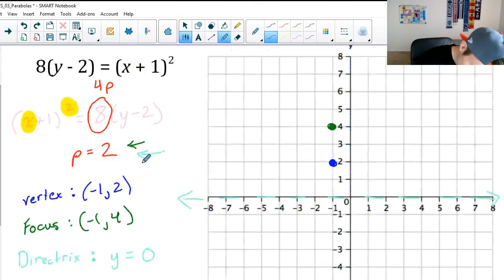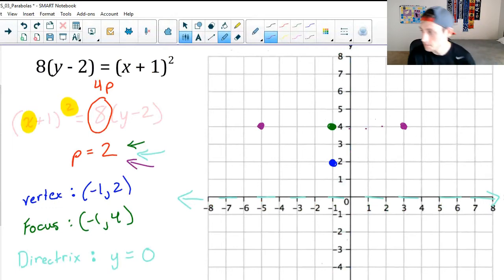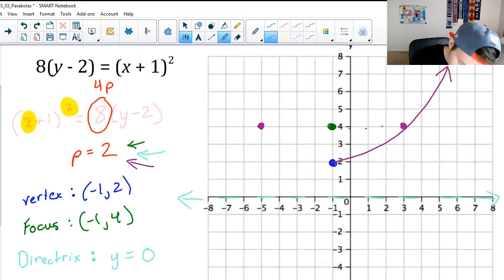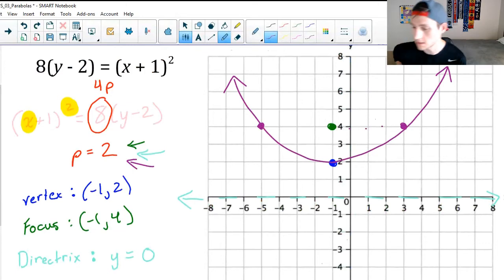The value of p is 2, so 2 times 2 is 4. From my focus, I'm going to go 4 to the right and 4 to the left. Now I can sketch out my parabola. It looks like this.